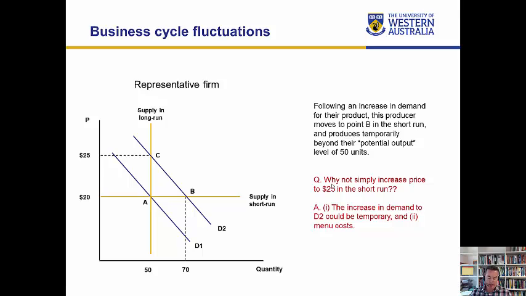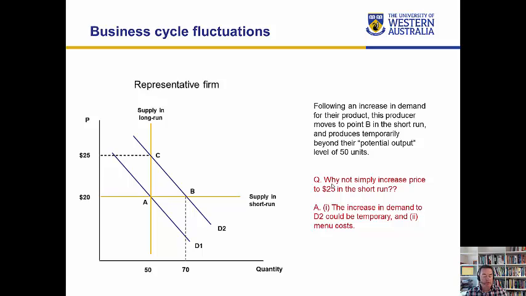So this might be your company, for example. What I'm assuming here is that this company can produce 50 units of output under normal operating conditions. So that is what we call their potential output.